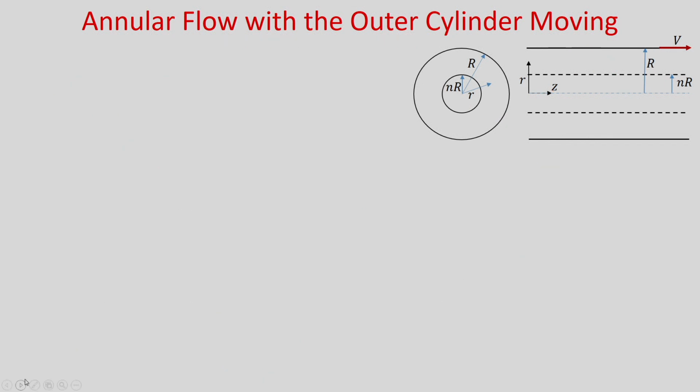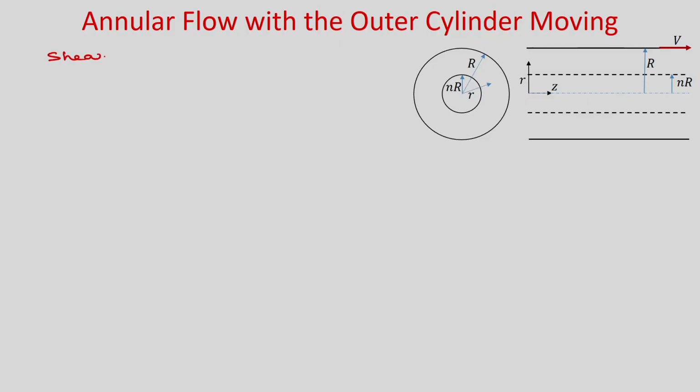Now, let us calculate the shear stress distribution. The shear stress tau rz you can write as mu dvz by dr. From here you can write mu by r times v divided by ln 1 by n.